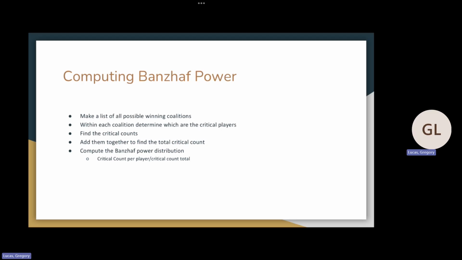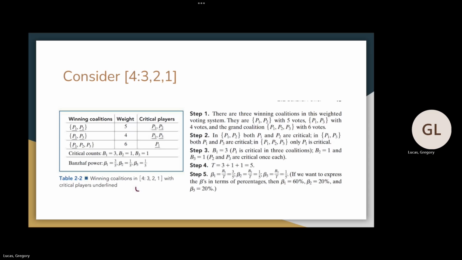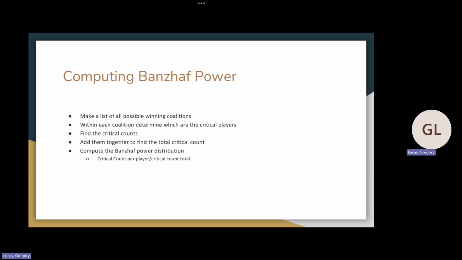We add them together to find the total critical count, and then we compute the Banzhaf power distribution, which is the critical count per player divided by the critical count total. I have another example on the next slide. Let's write this one out though.